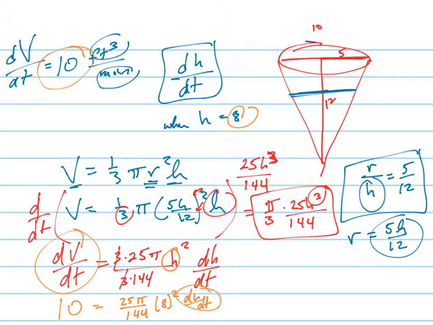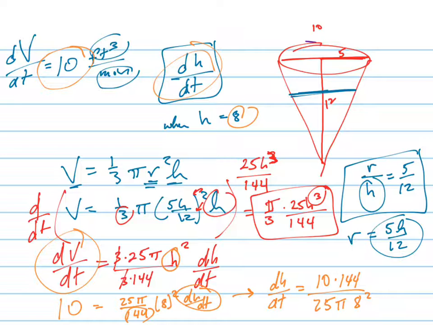I'm trying to solve for dh/dt, and I don't even multiply everything out because I can cancel at the end. So dh/dt is going to equal 10 on the top, and 144 is going to be on the top because I multiply by the reciprocal. All those other things are going to be on the bottom: 25 pi and 64, or 8 squared.